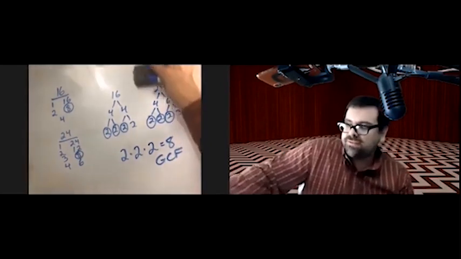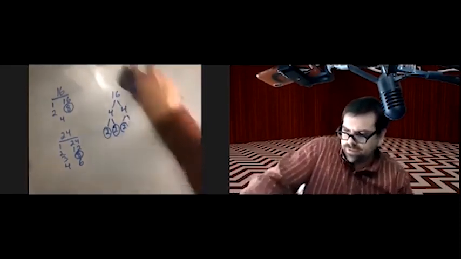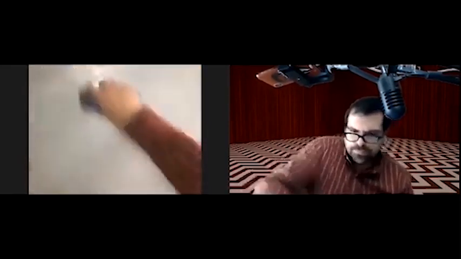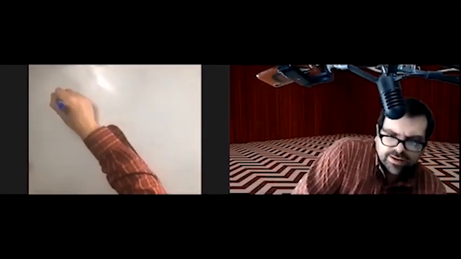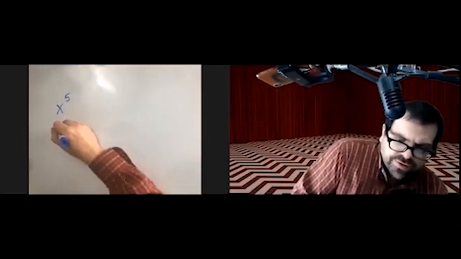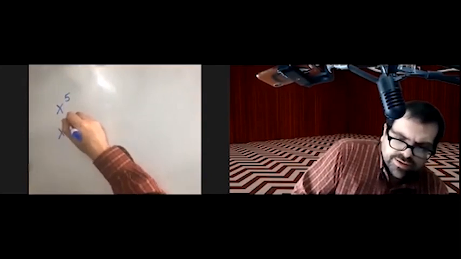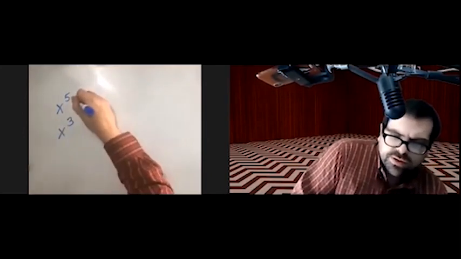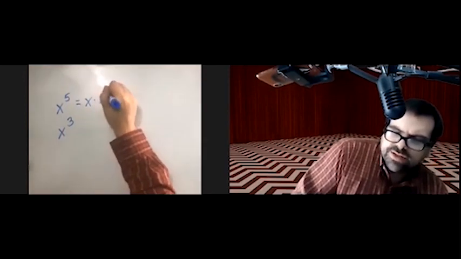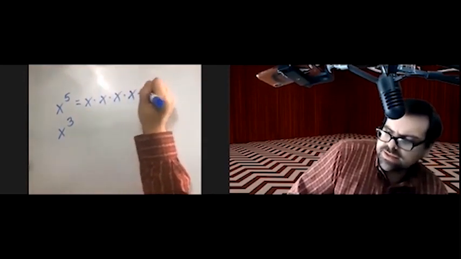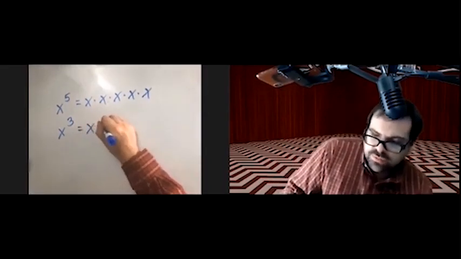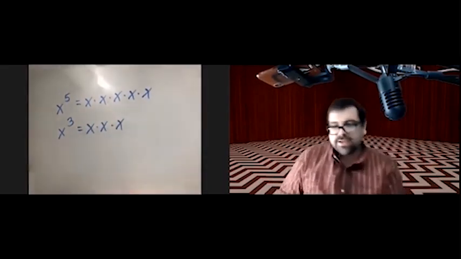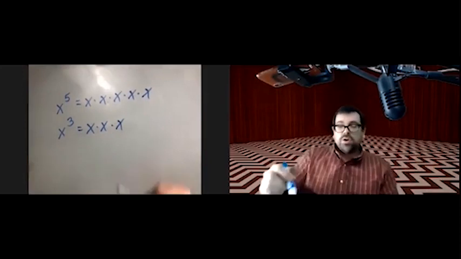We can extend this to variables. If we had x to the 5th and x cubed, x to the 5th is x times x times x times x times x. x cubed is x times x times x.